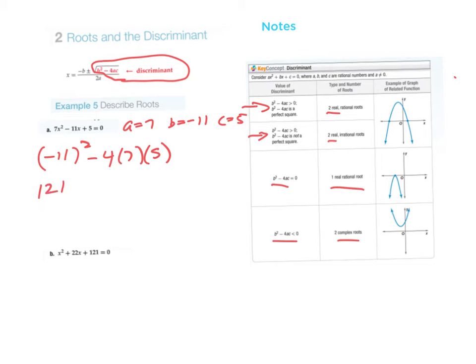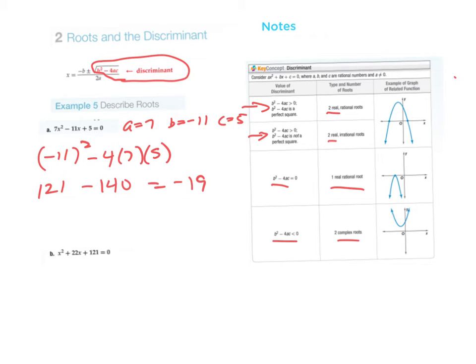This is 121 minus 4 times 7 times 5, which is 28 times 5, which is 140. So this is 121 minus 140, which is -19.